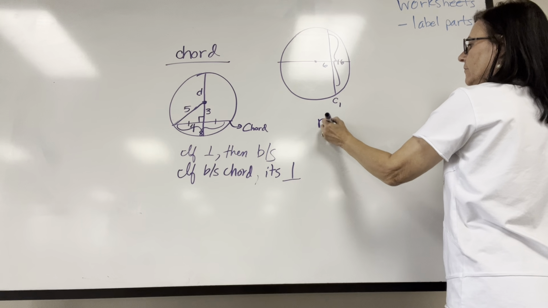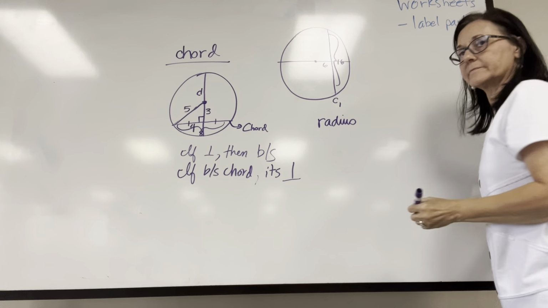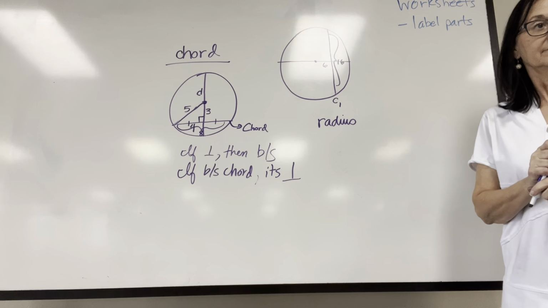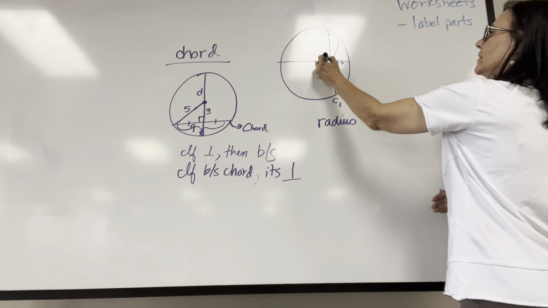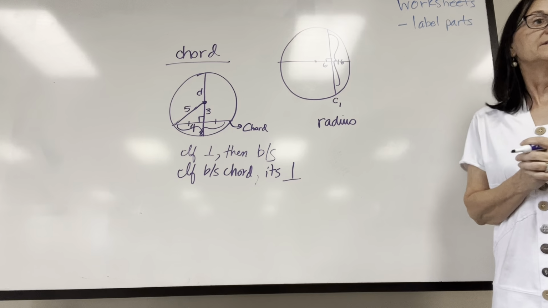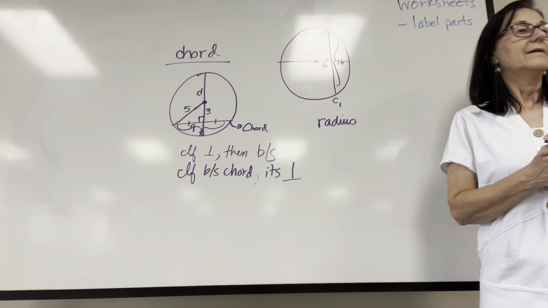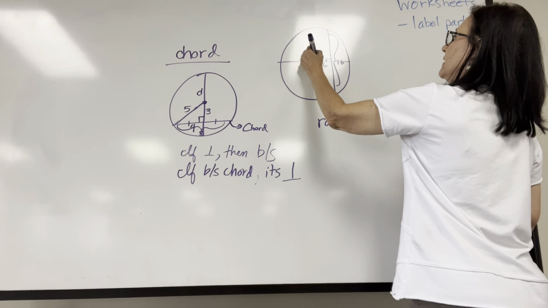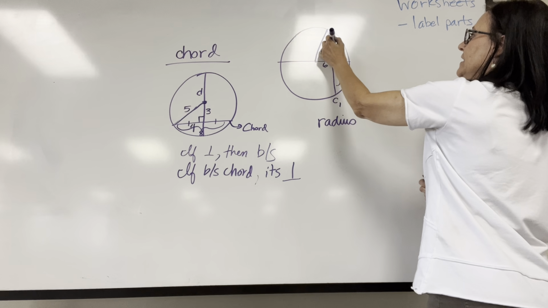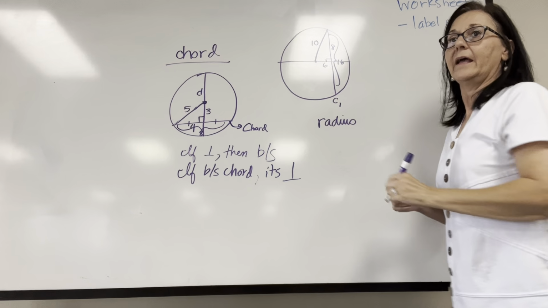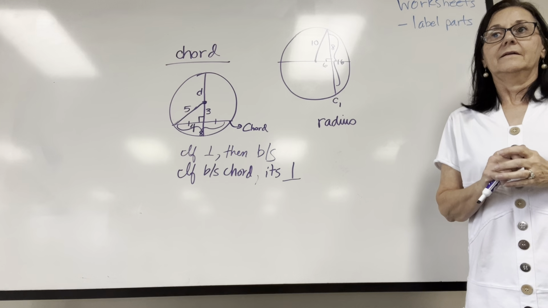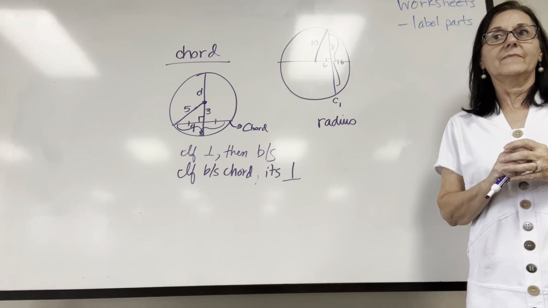What's the length of a radius? They would put a perpendicular there typically. Would it be 10? It is 10. You draw your radius, it's a 6, 8, 10. You see that?